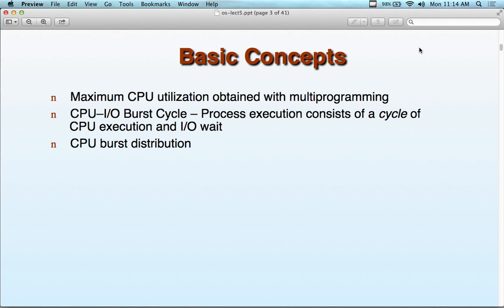But long story short, we have a cycle of CPU execution and then I/O waiting, and we're micromanaging the cycle between the I/O and the CPU to maximize the CPU utilization, make the jobs run as fast as possible. And then we introduce things that slow it down. And the things that we're going to introduce are in the form of the algorithms.